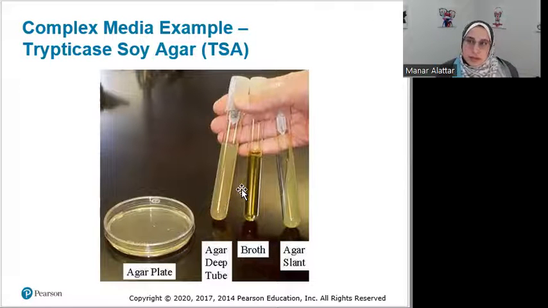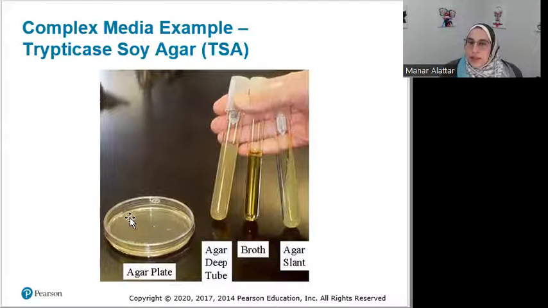In fact, basically any media can be poured in different kinds of forms, either as a plate so you can easily see colonies that are growing, or as a broth so you can encourage a lot of growth, or as a deep. You'll see how we use deeps when we're looking for growth in response to various levels of oxygen, or a slant, which tends to be for long-term storage.